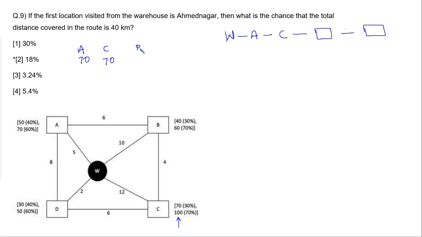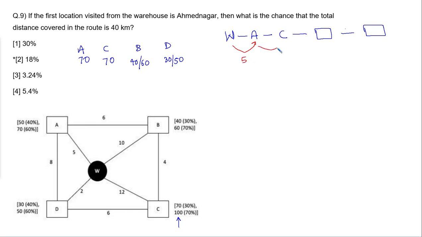Let's have a look at it. The demand at B is 40 or 60, and demand at D is 30 or 50. We want total distance traveled to be 40 kilometers. So now from warehouse to A, the distance traveled is 5.